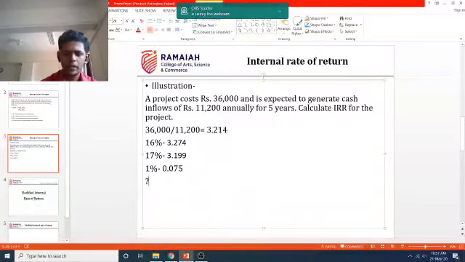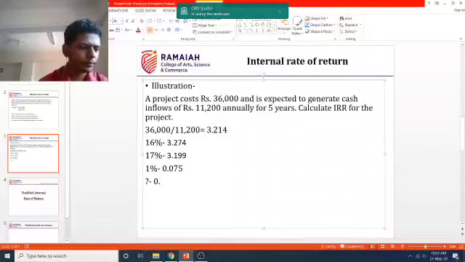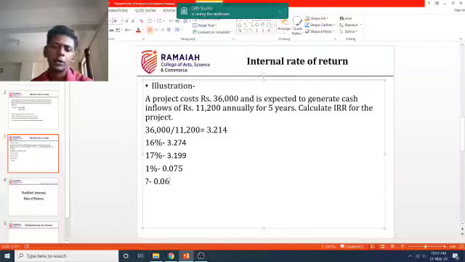What is it that we actually require? We require a jump from 3.274 to 3.214. What is the difference? We require 0.06 to meet this 3.214 figure.